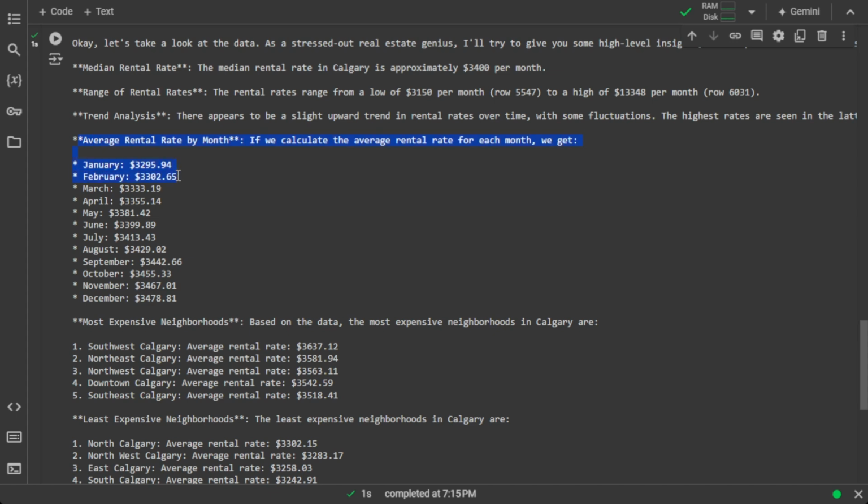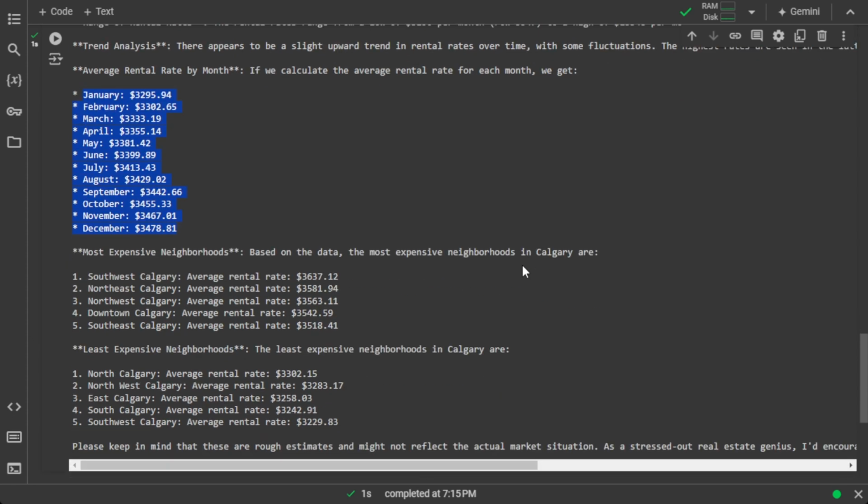I don't know where they're getting this from because the data frame doesn't really make reference to months, especially not in what was fed to this large language model. Now we did feed it some addresses, and we know that we're working in the bottom 500 in the data frame, so we should be expecting these high values. But that's interesting.